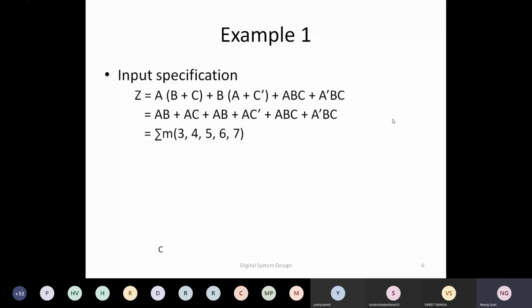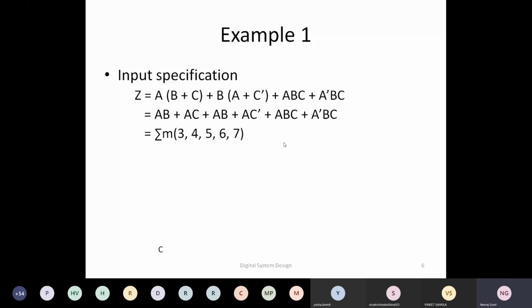Although in Boolean equations we can write the same thing in hundreds or thousands of ways, when you write a canonical form, it is bound to be only one. So this gives you a standard procedure, first to represent your function, and second, once you have the canonical form, the method of simplifying it is much easier. Easy means that it is systematic and there is only one particular possibility.